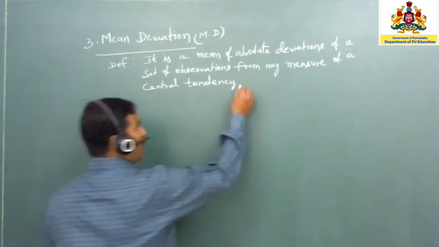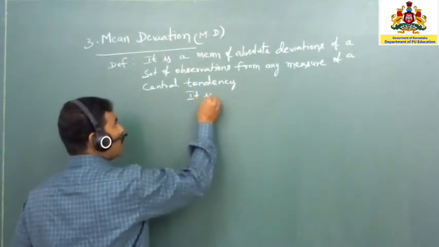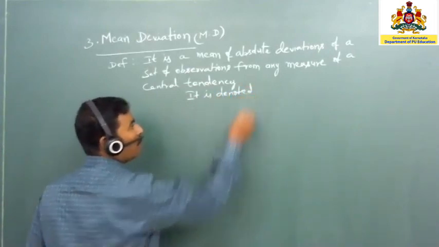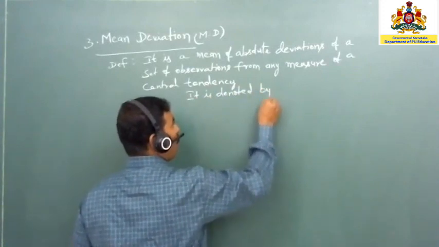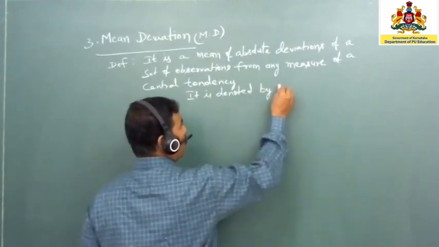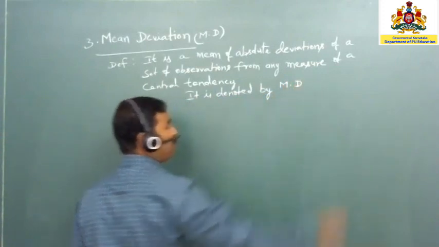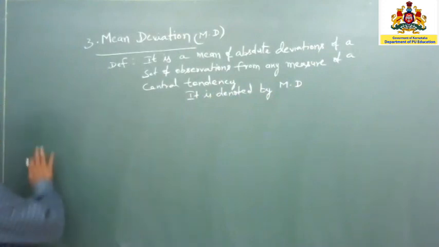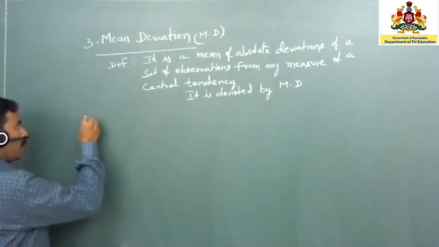It is denoted by MD. So mean deviation we can calculate from arithmetic mean, so mean deviation from mean.